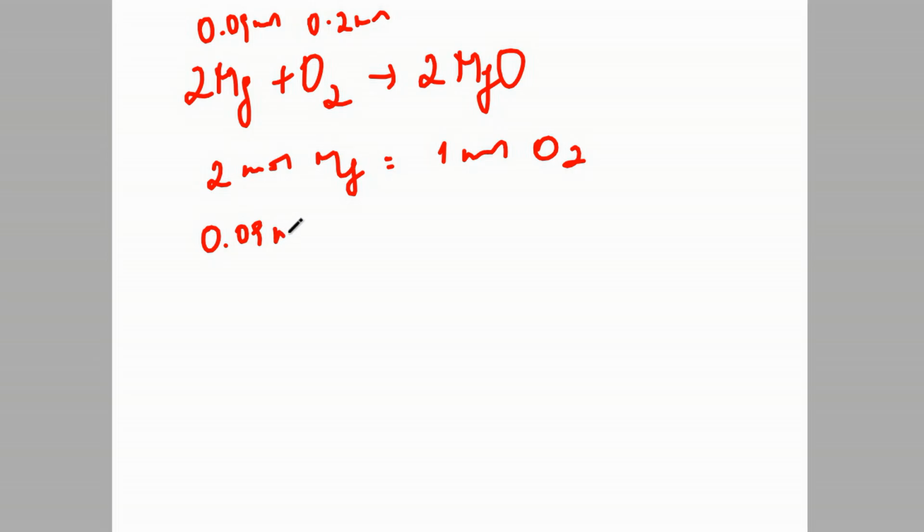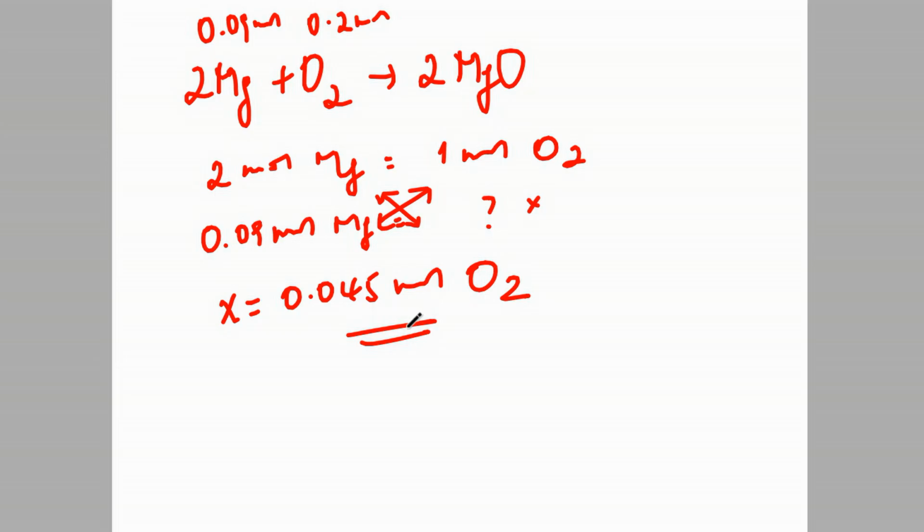So 0.09 moles of magnesium. So if I have 0.09 mole of magnesium, how many moles of oxygen do I need in order to completely react with this amount of magnesium? So let's say this is X. So calculating X, you'll get 0.045 moles of oxygen.